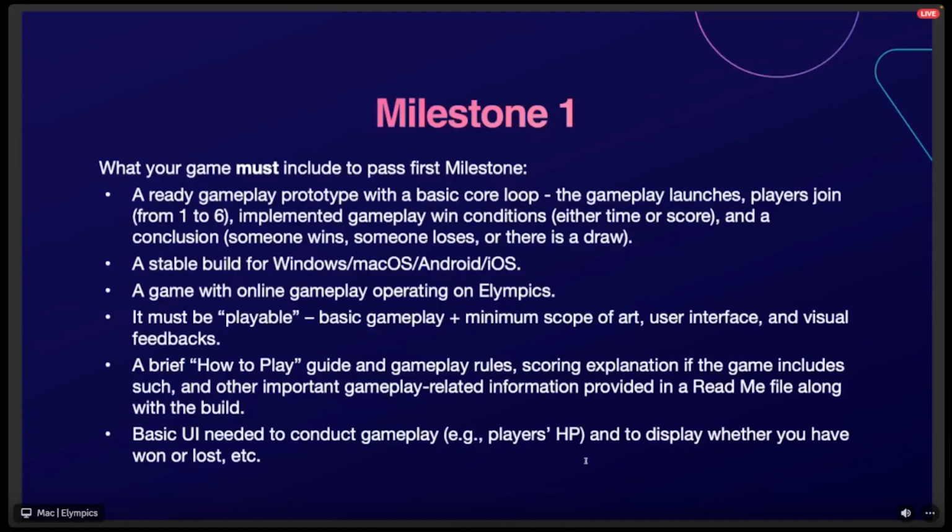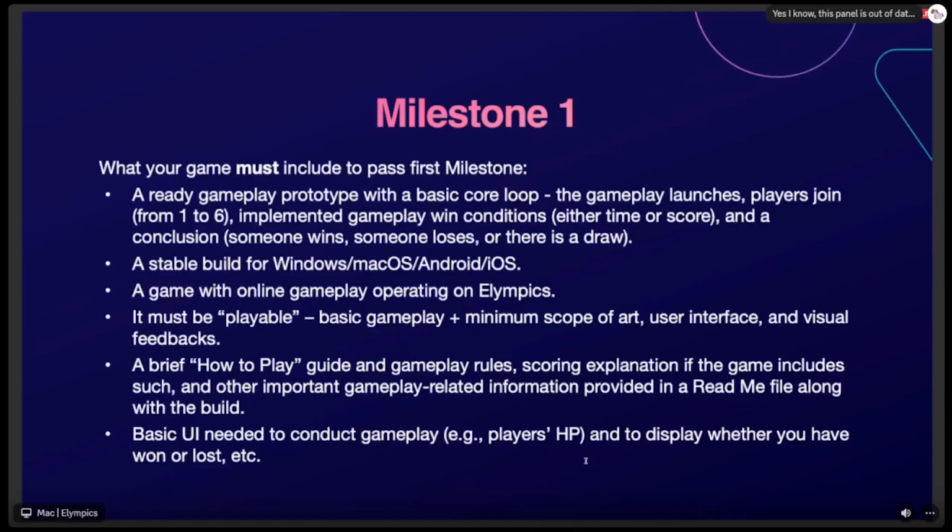Or if it's a racing game, I have to know which place I am currently in, and so on. So some very basic prototype-level UI, and of course all the controls which you are going to use in the final game should also be added, with a limited scope of features.